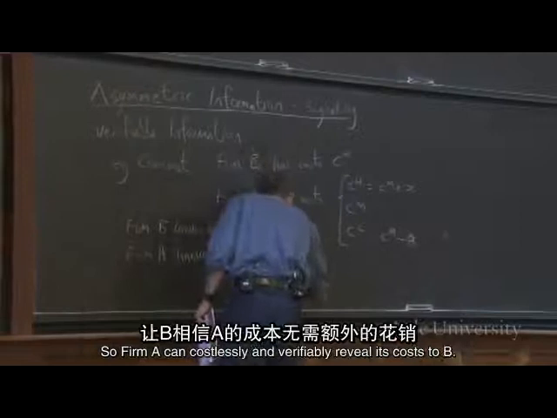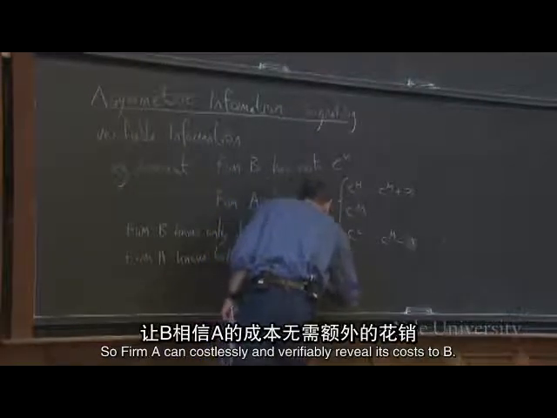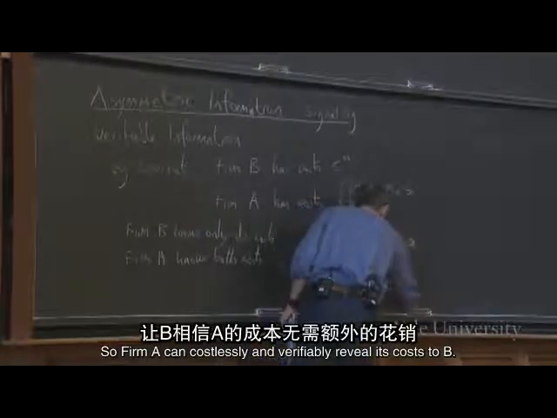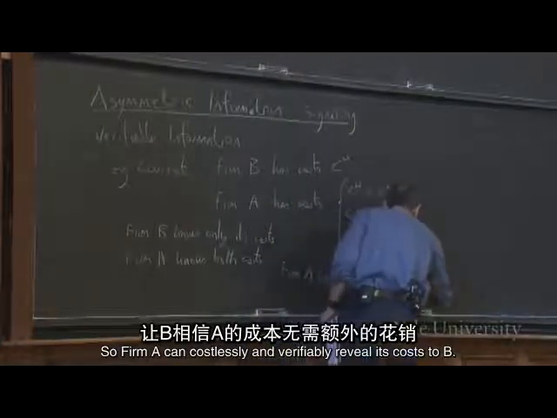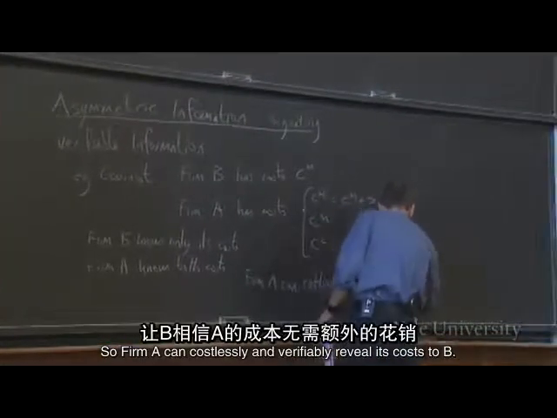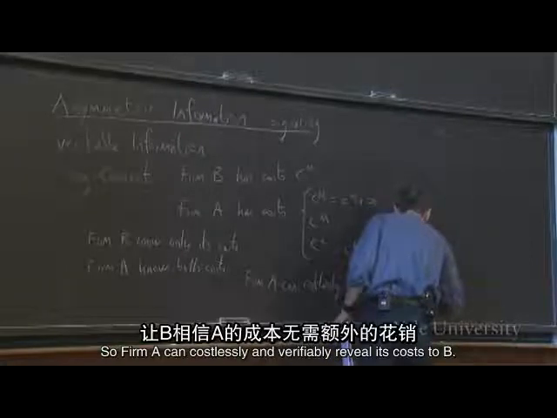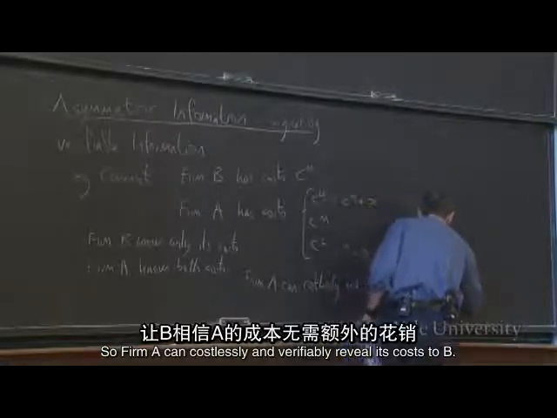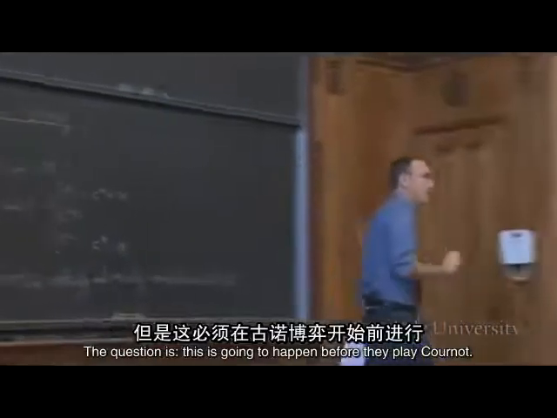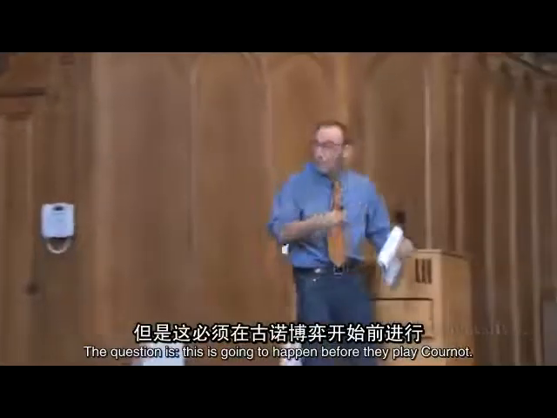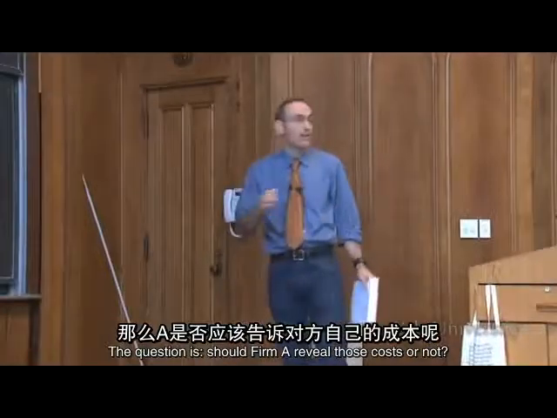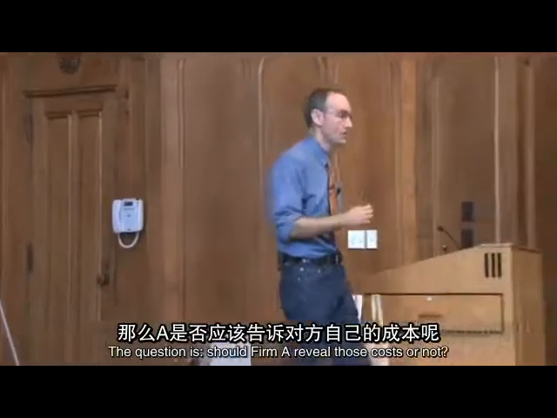All right? So firm A can costlessly and verifiably reveal its costs to B. And the question is, this is going to happen before they play Cournot, the question is, should firm A reveal those costs or not?